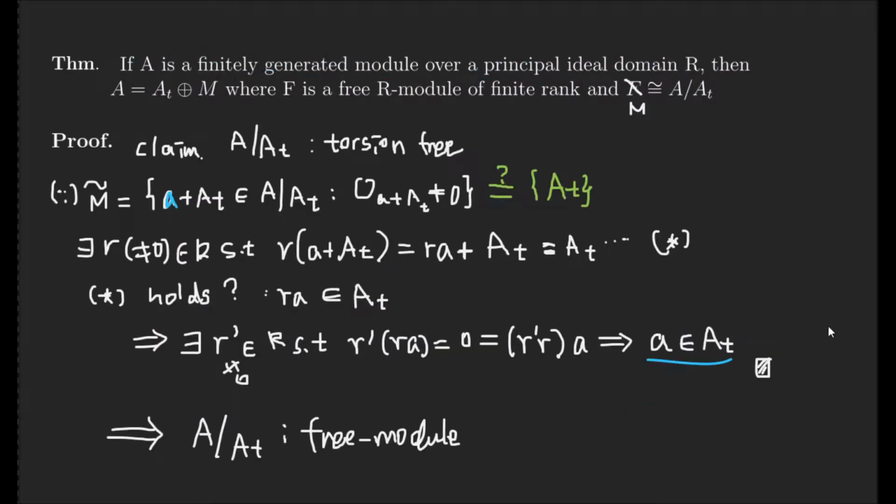Okay, because this is the finitely generated condition, but not only the finitely generated condition, but also the principal ideal domain condition, because this converse statement is satisfied. And on the previous slide, we proved A quotient of AT is free, and because A is finitely generated, we can say this is a free module with a finite basis.